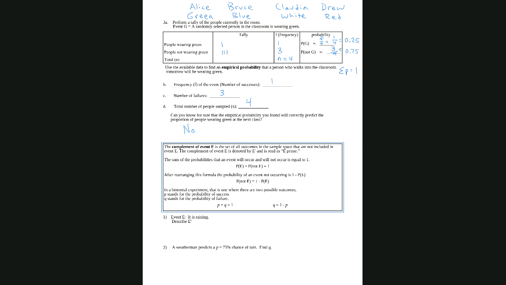So if the event E was it's raining, could you describe the complement of E, which is written as E prime? In words, we might say is not raining.